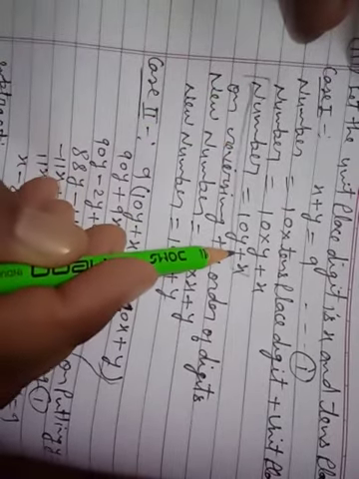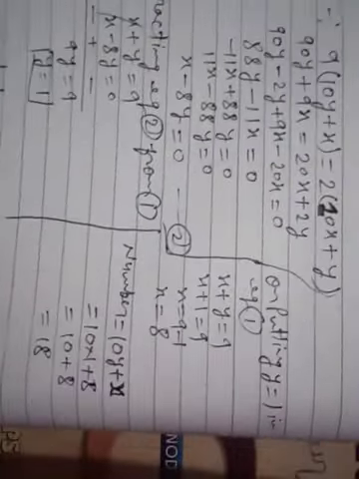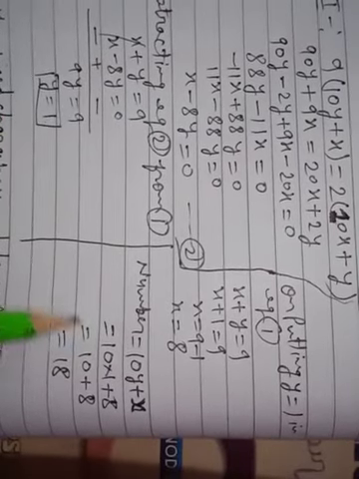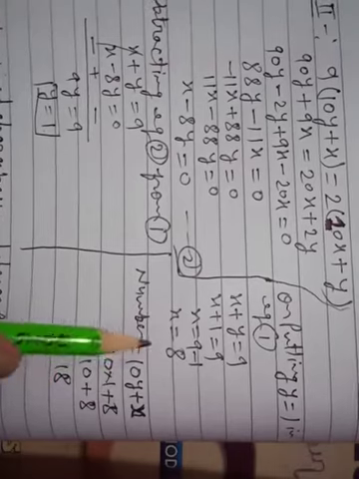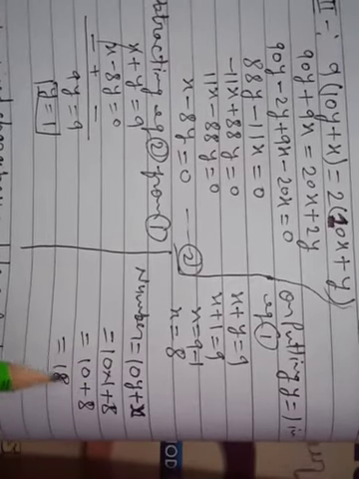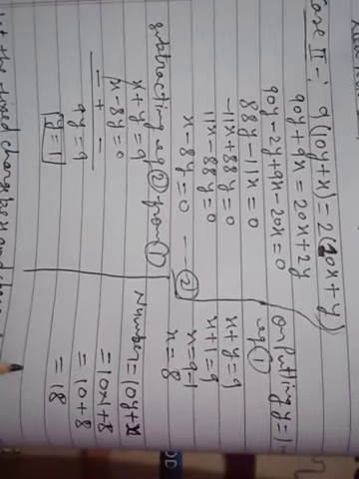Put the value of x and y in this: 10 into 1 because y is 1, plus x which is 8. So 10 into 1 is 10, plus 8 is 18. The number is 18.